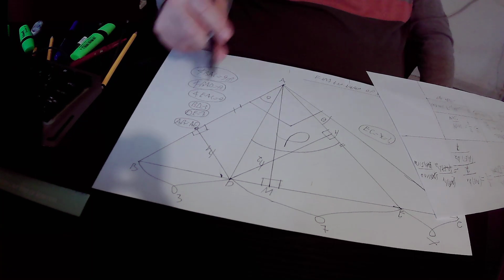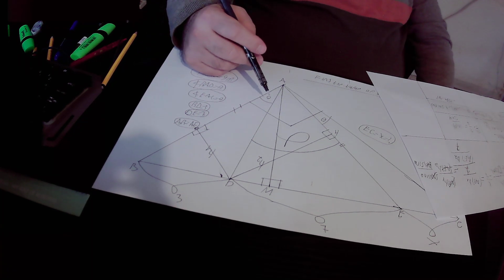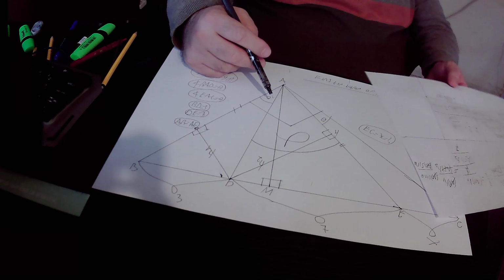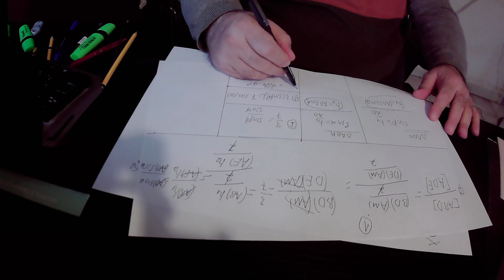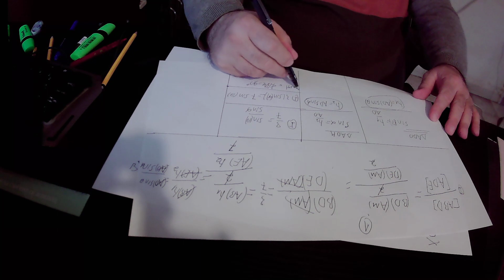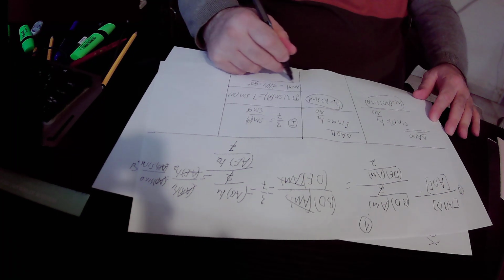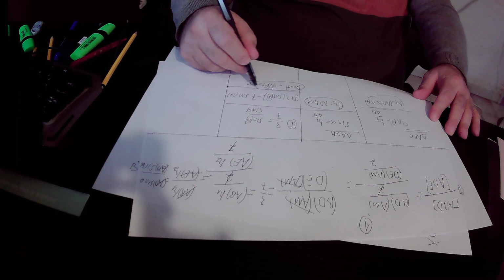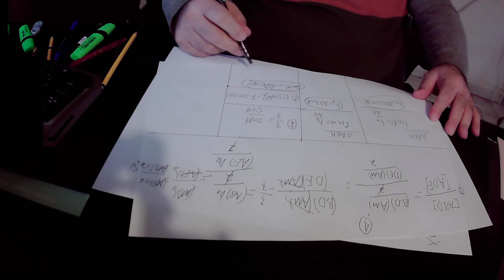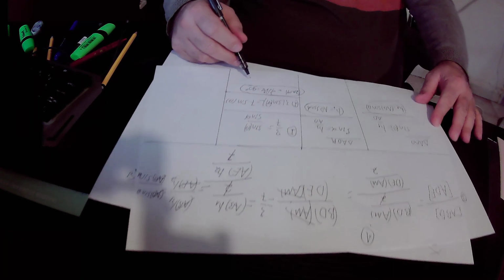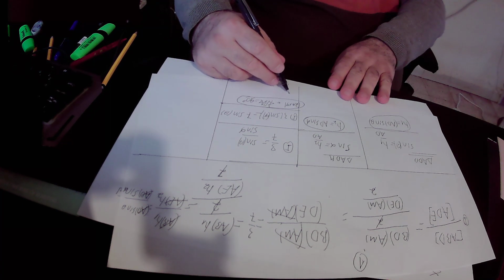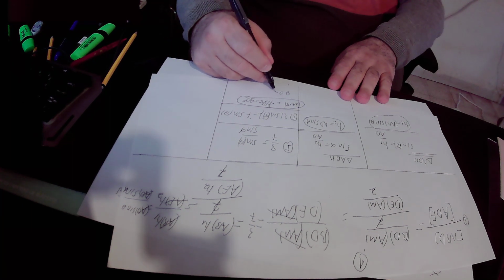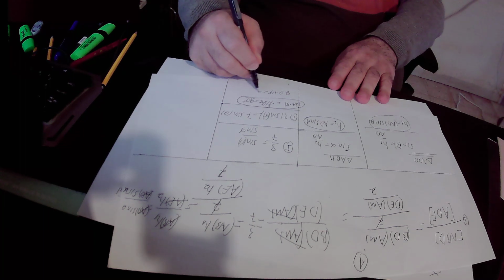That is to say, angle BAC equals 2 theta plus alpha. So 2 theta plus alpha equals 90 degrees.